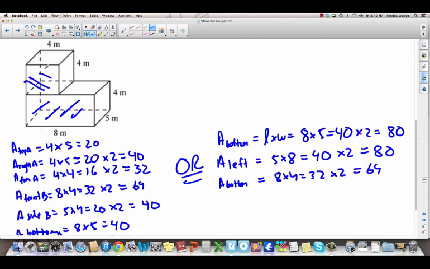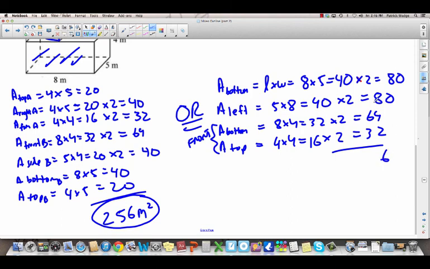Then the area of the top part of the front is 4 times 4, and you multiply that by 2 as well because there's the back. You get 32, then 64, 80, 160, 192, 256 meters squared.